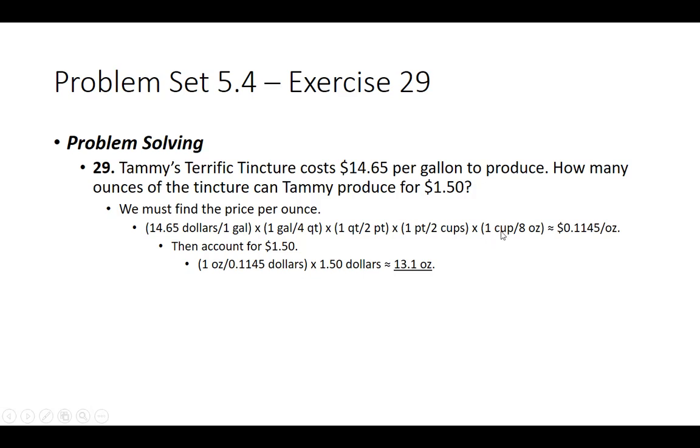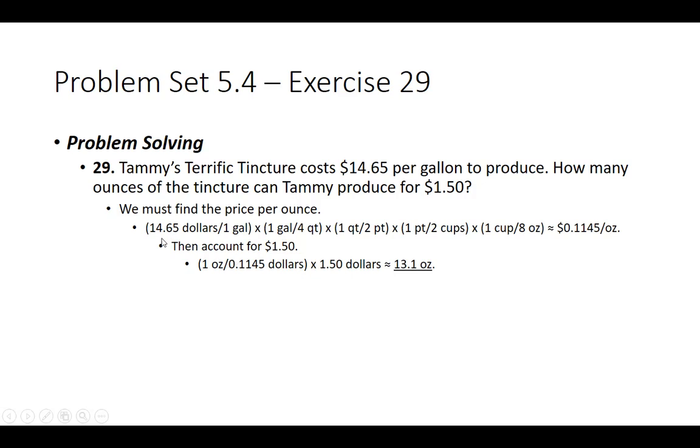So cups on top, ounces on the bottom, which is what we need on the bottom, because we want the price per ounce. That's 1 cup over 8 ounces. Gallons cancels, quarts cancels, pints cancels, cups cancels, and we have dollars per ounce like we need.